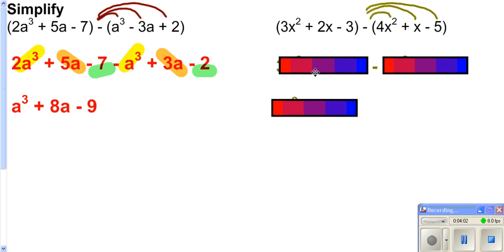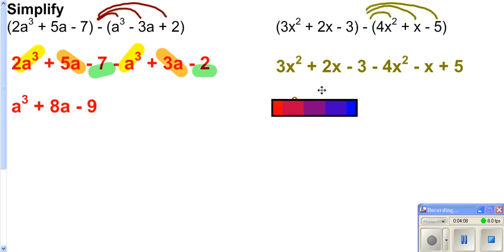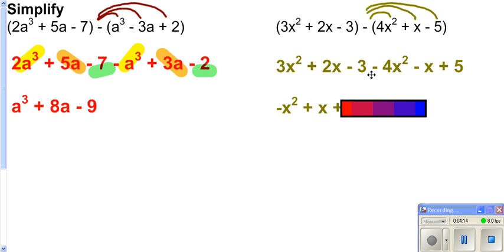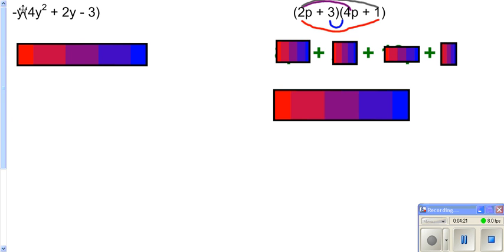Similarly here on the second one. Distribute through your negative sign. Your like terms are your x squareds, combine those together. And your x to the first powers, combine those together. And your constants, combine those together. Here we're going to go ahead and just distribute through.